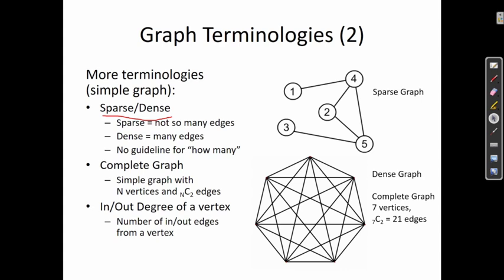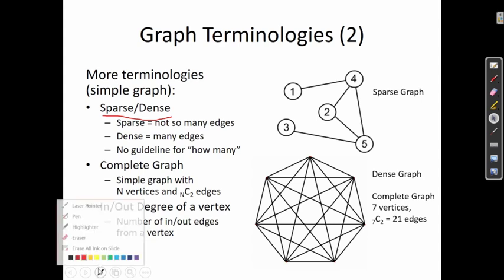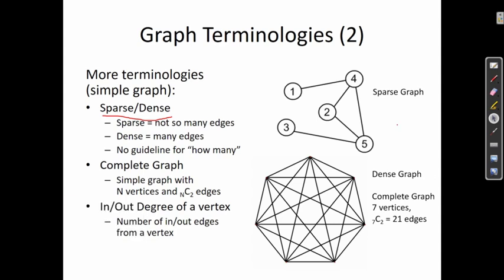In an undirected graph, the in degree and out degree of a vertex are basically the same. It's simply the number of edges adjacent to the vertex. In this sparse graph here, for vertex 5, the in and out degree is 3. But for directed graphs, it's different. Like I said, in degree is the number of edges coming in, and out degree is the number of edges going out.